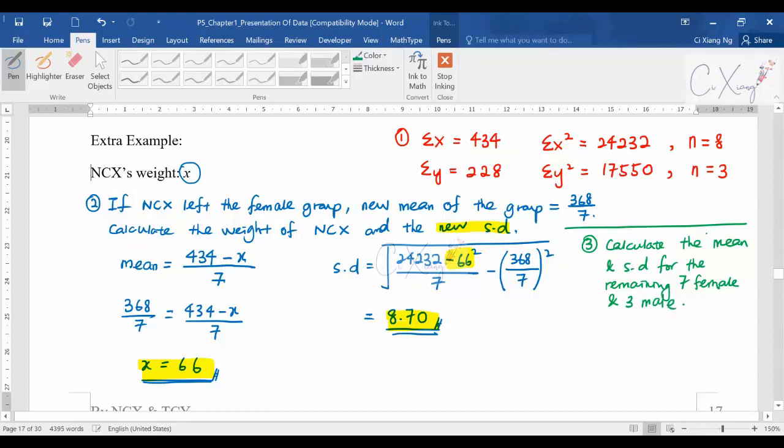Okay, so they want to calculate the total mean and also the standard deviation for the remaining 7 female and 3 male. That means they want you to combine them together.